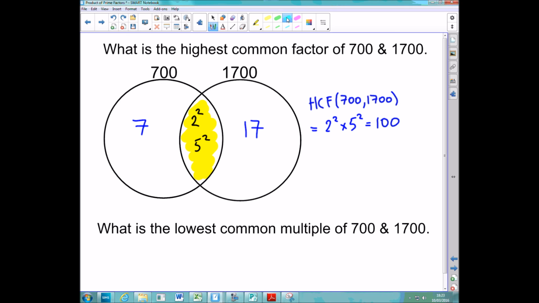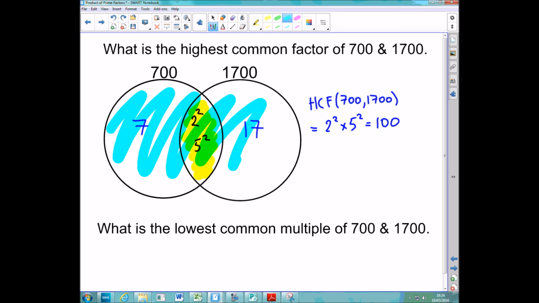Now, how can I find the lowest common multiple of these two numbers? Well, it's going to be very similar to the highest common factor, but this time I'm going to find the product, remember that means multiply, of the entire Venn diagram. So that is the center part, which is the highest common factor, times the 7 from the 700 and the 17 which is left over from the 1700.